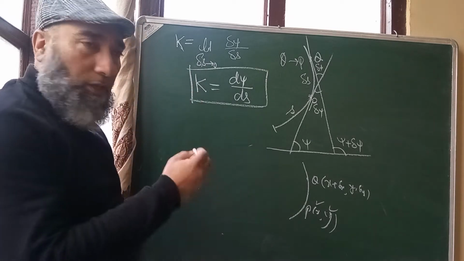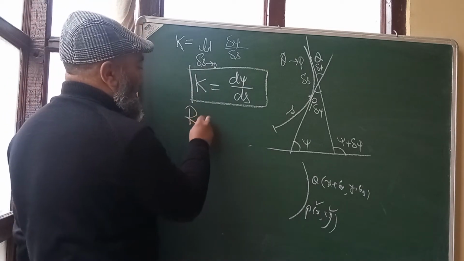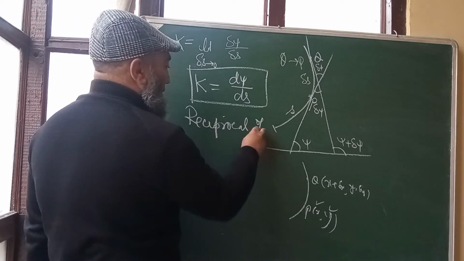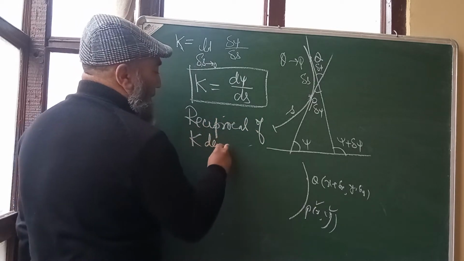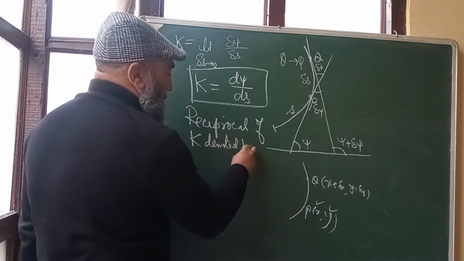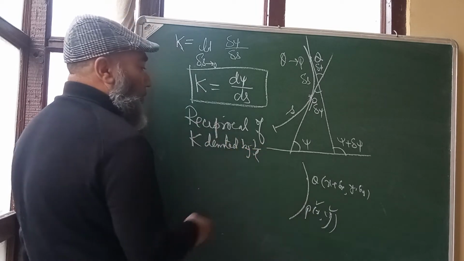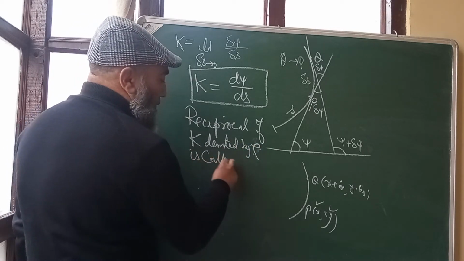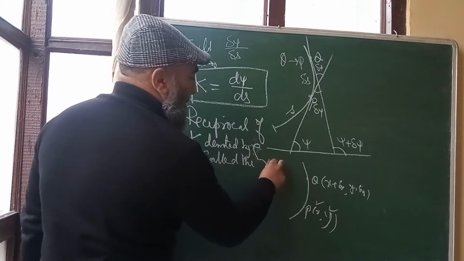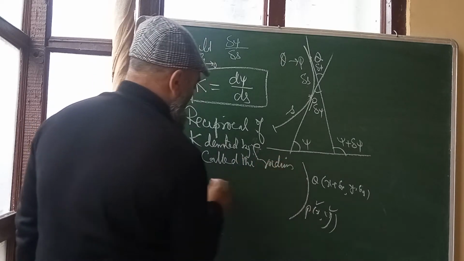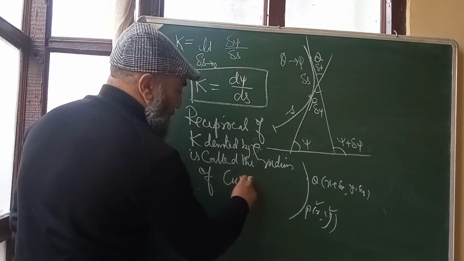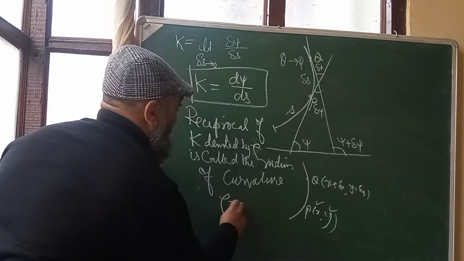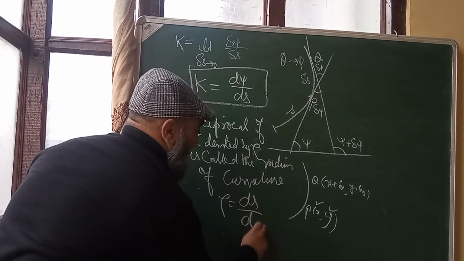The reciprocal of this curvature K, denoted by 1 by rho, where rho is called the radius of curvature at point P, is given by rho equal to ds by d psi.